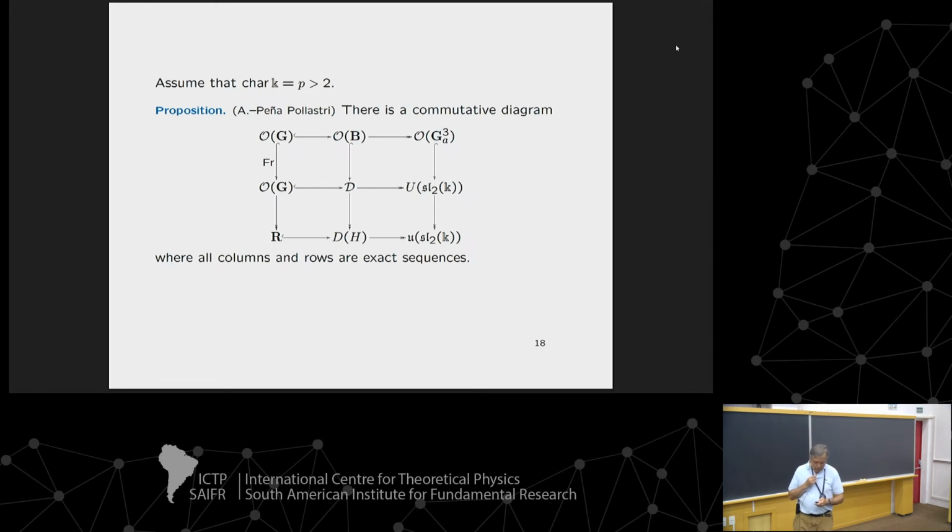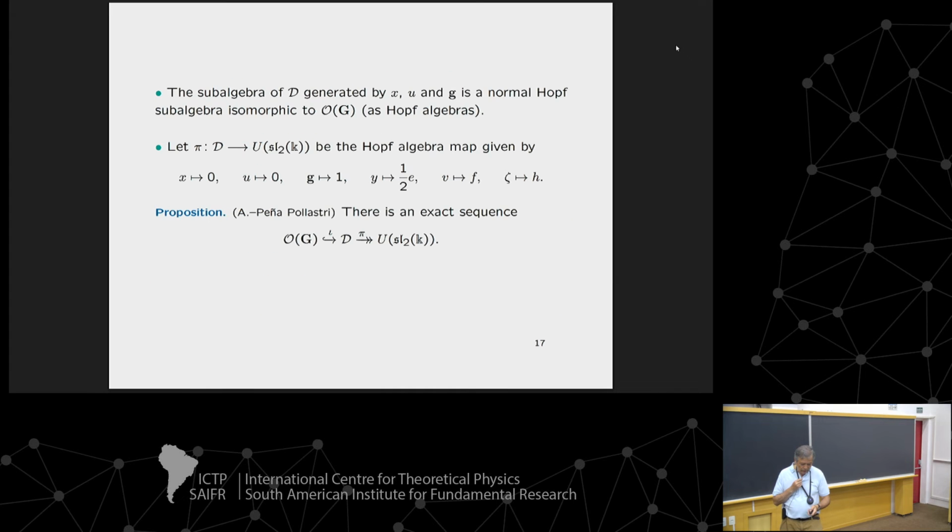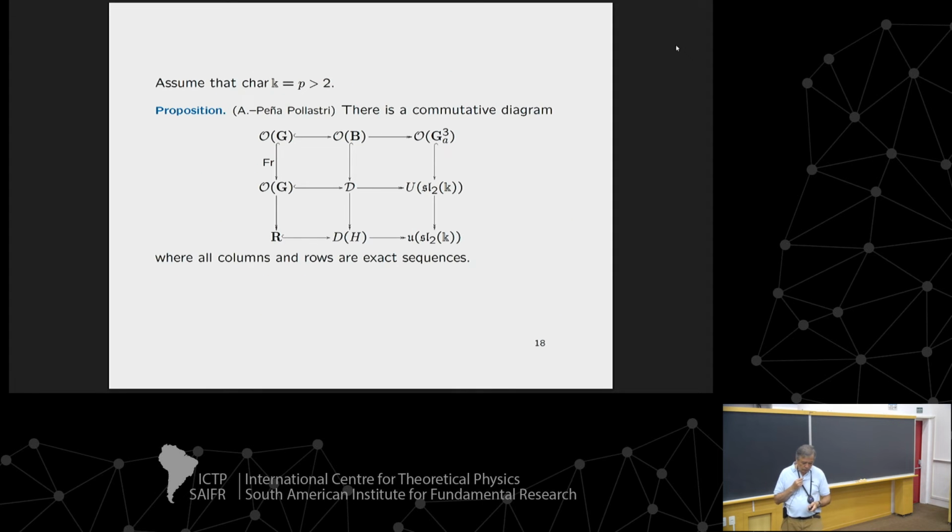Furthermore, this construction is for any characteristic different from 2. Now assume that the characteristic is odd. Then we can combine these two constructions in the following sense. This is the exact sequence for the Drinfeld double of the restricted Jordan plane. This is the exact sequence corresponding to D, constructed as O of G to SL2.